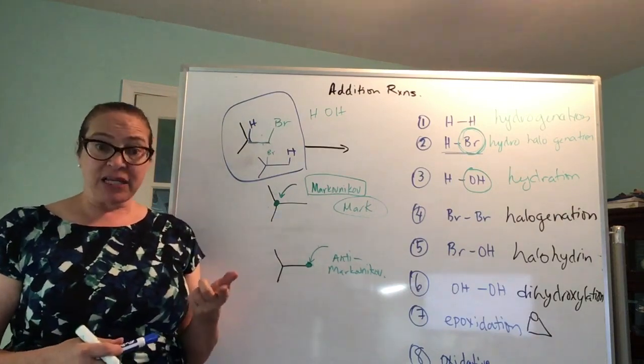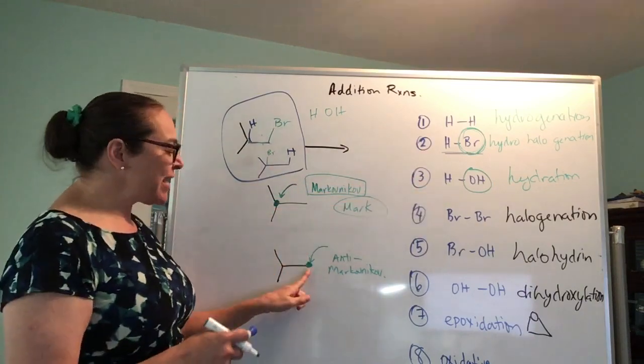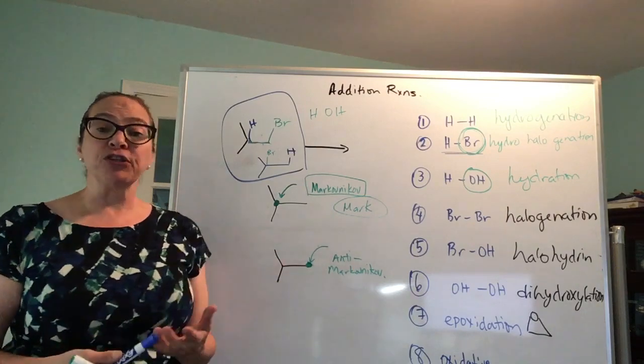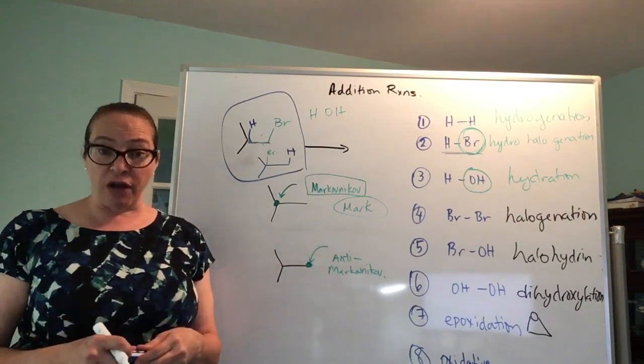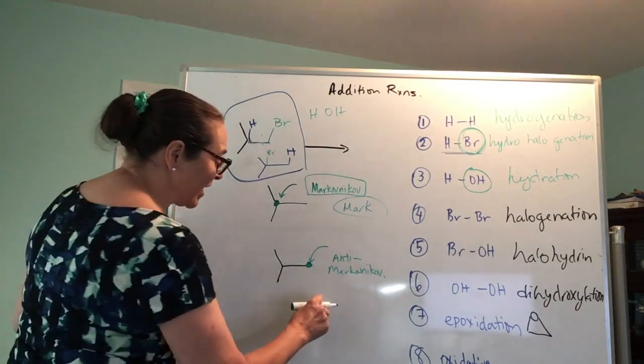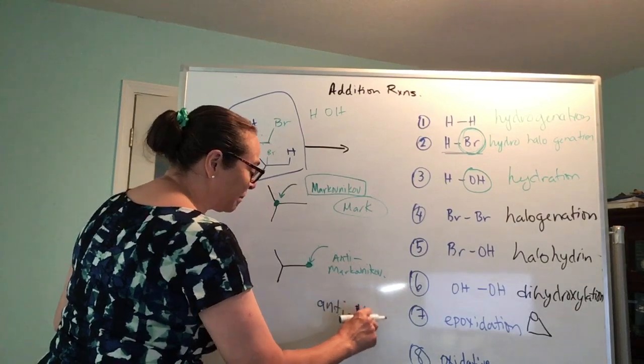On the other hand, if that which is being added, other than the hydrogen, is being added to the less substituted position, it is referred to as an anti-Markovnikov addition. Or we can just abbreviate it, saying it is an anti-Mark reaction.